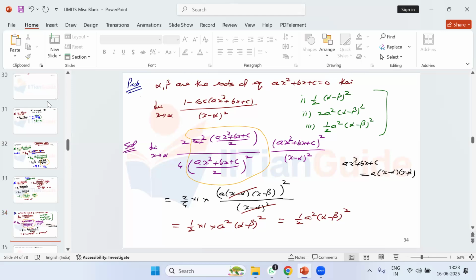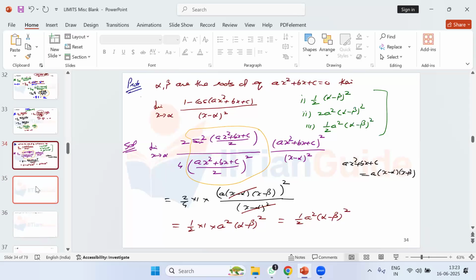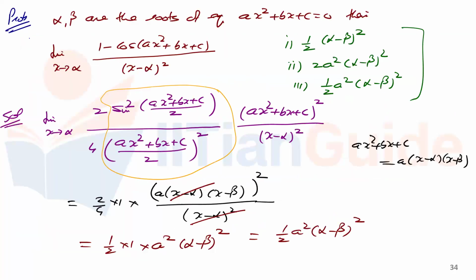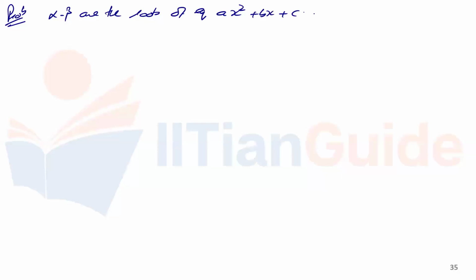जस्ट ए मिनट है, सेम क्वेश्चन है, अल्फा बीटा आर द रूट्स ऑफ इक्वेशन ax square plus bx plus c to be 0.